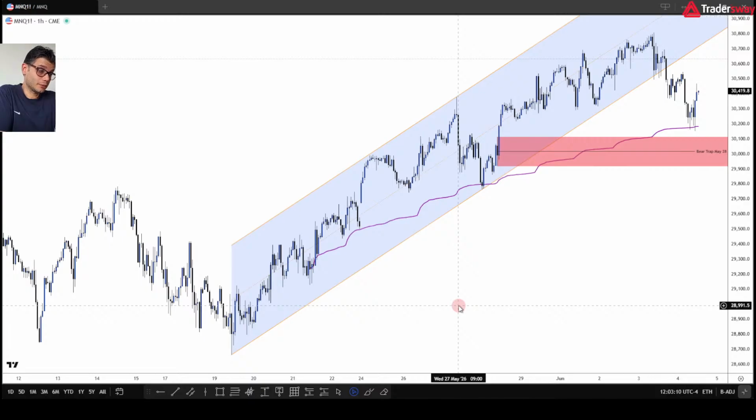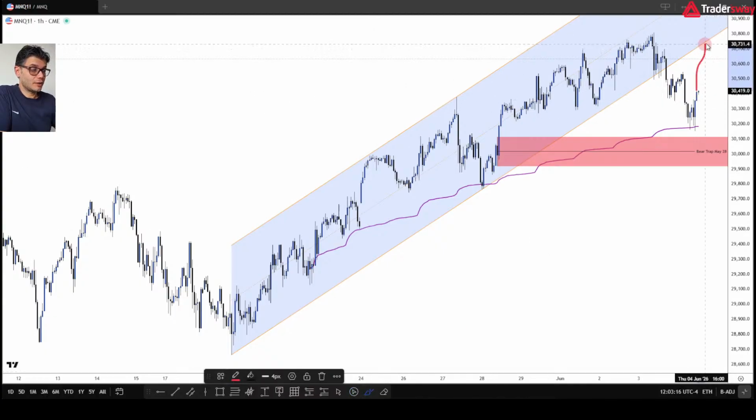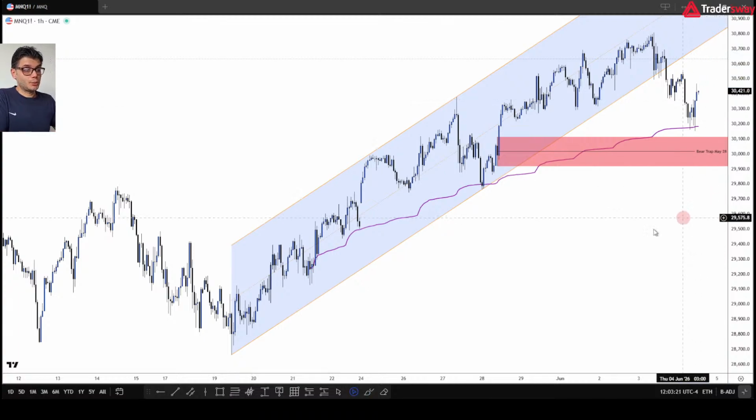It's no longer valid, it's below that. The price can potentially go higher, check this area, and then have a bounce. My bias will be bullish once the price re-enters this zone or takes out this high. Only in that case I'd be positive that Nasdaq can make a new all-time high.